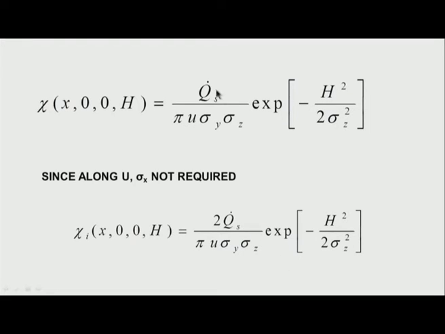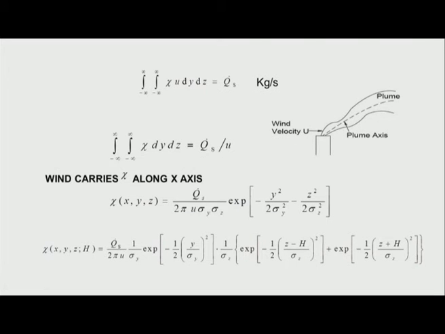The expression now becomes q dot s divided by pi u sigma y sigma z into exponential of minus h squared by 2 sigma z square. What is the difference from the previous one? Let's go back. We had 2 over here, and therefore 2 with 2 got cancelled.